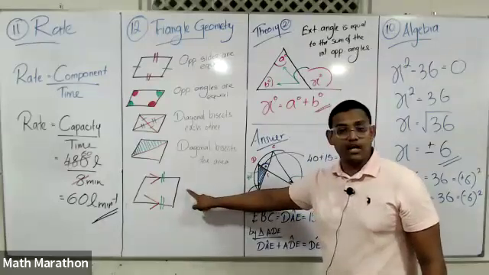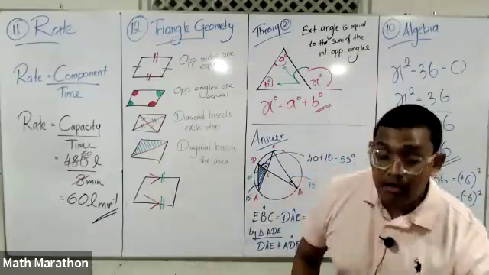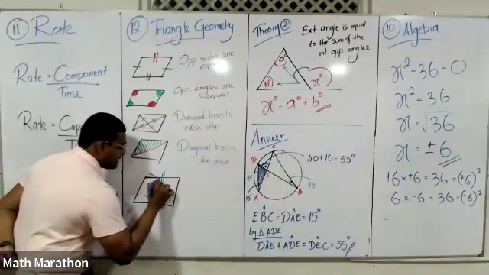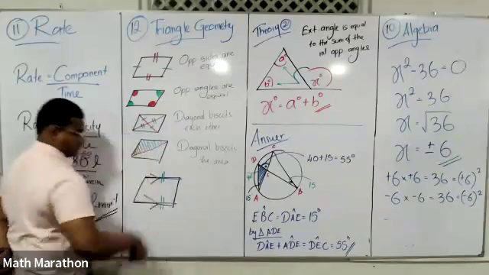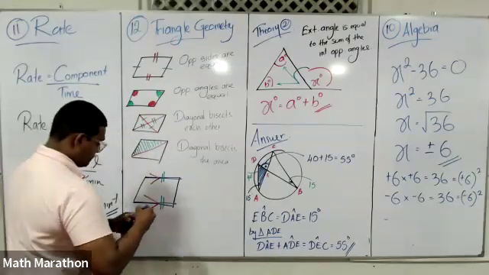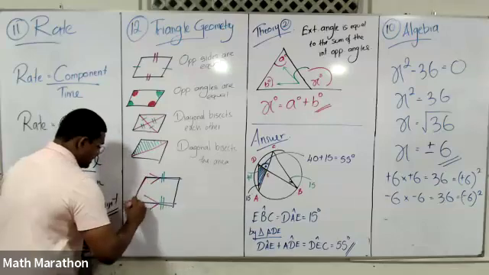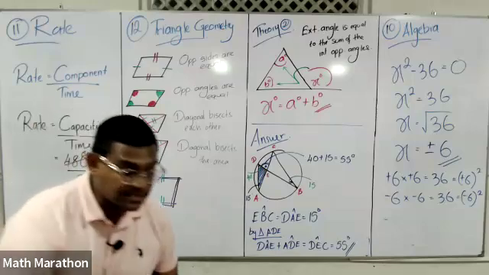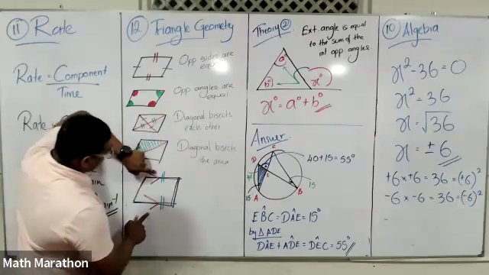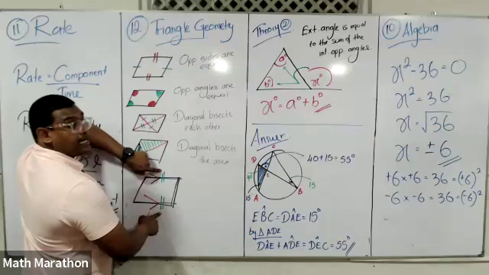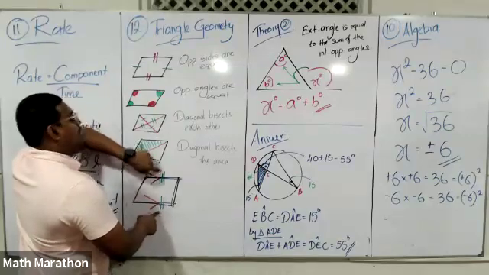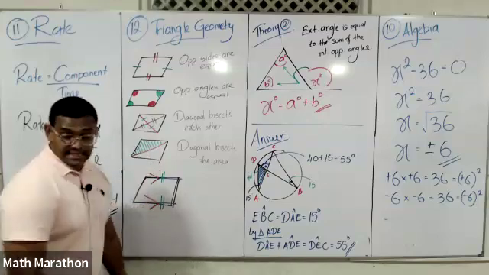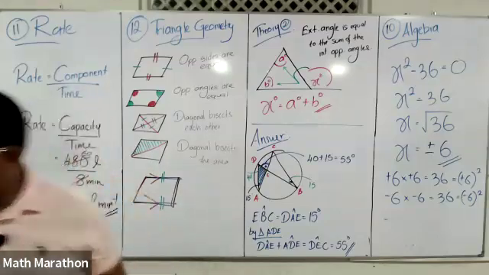This theory works out. What does the theory say? One pair of opposite sides. What is a pair of opposite sides? This and this, or this and this. One pair of opposite sides are parallel and equal. If you can prove one pair of opposite sides are parallel and equal, it is a parallelogram.